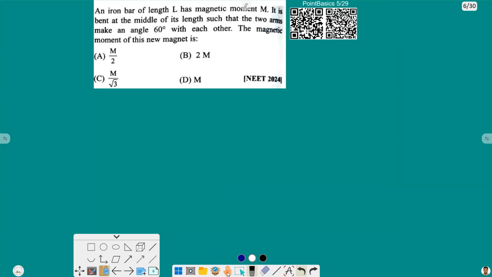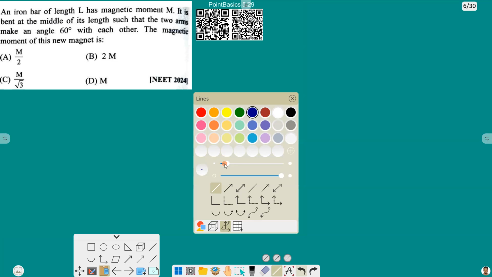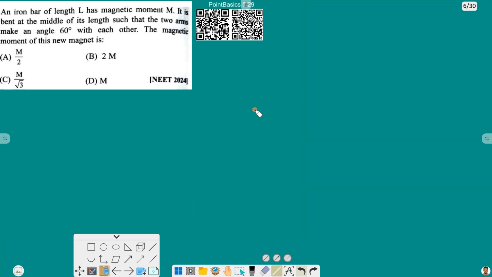So let me show you how it is. Initially we had a magnet. Initially our magnet was like this, and then we bent it into two like this. Now our magnet is like this. So its length was L and magnetic moment was M. So we can say pole strength was small m.